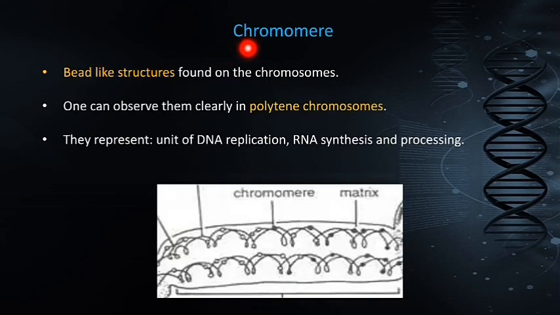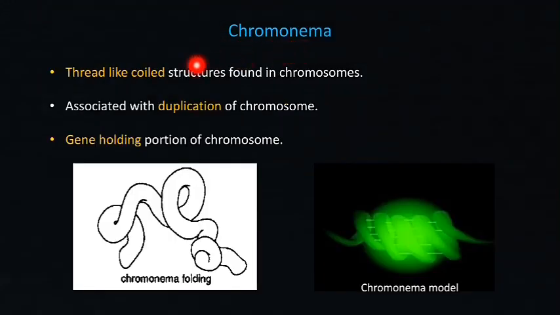The next component is the chromomere. The bead-like structures usually found on the chromosomes are referred to as chromomeres. One can observe them clearly in polytene chromosomes. Chromomere represents the unit of DNA replication, RNA synthesis, as well as RNA processing. Here we can see the bead-like structures present in the eukaryotic chromosome. Then chromonema.